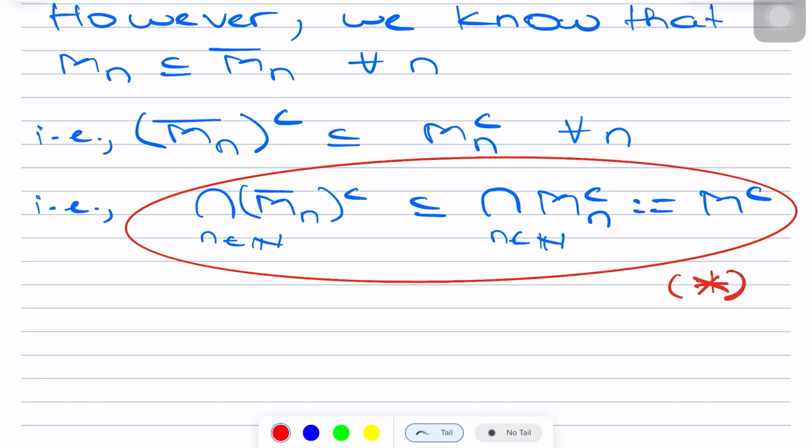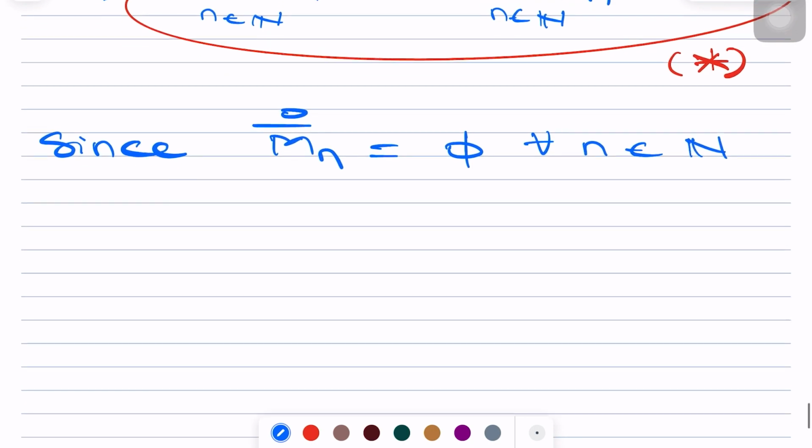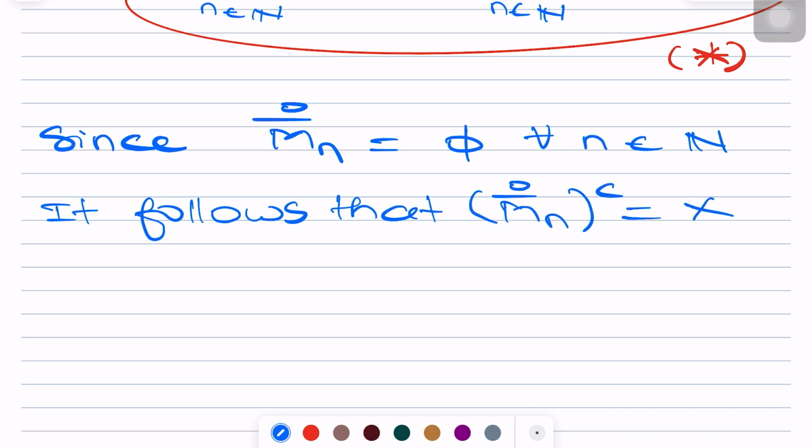Okay, so since the Mn are nowhere dense, since the interior of the closure of Mn is empty for every n in N, it follows that the complement of this is equal to X, for every n, of course.